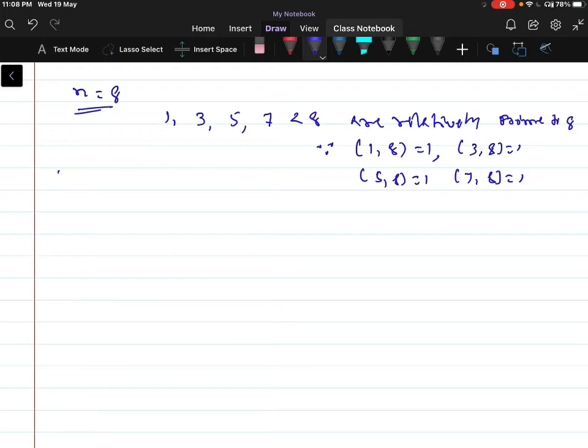So therefore phi(8) is equal to 4. There are 4 integers less than 8, so the 4 integers are relatively prime with 8.